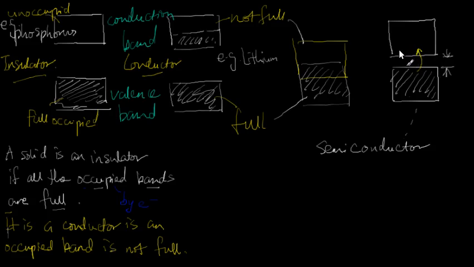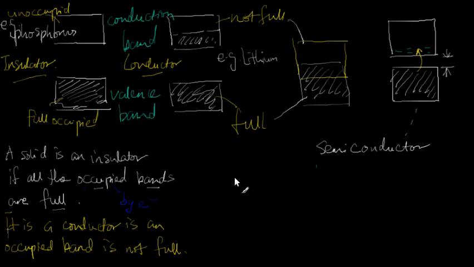So the effect of this is that we could get some electrons in the conduction band because of thermal energy. So this is an important point of the semiconductor behavior.